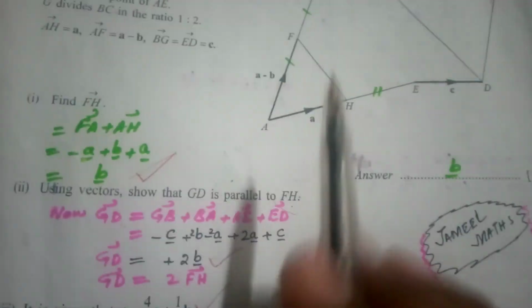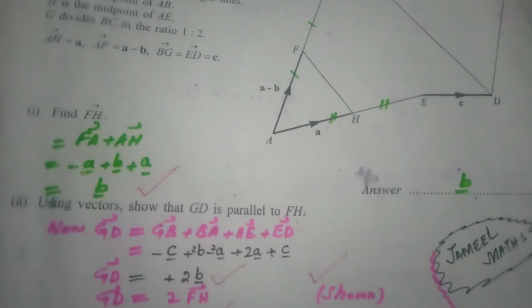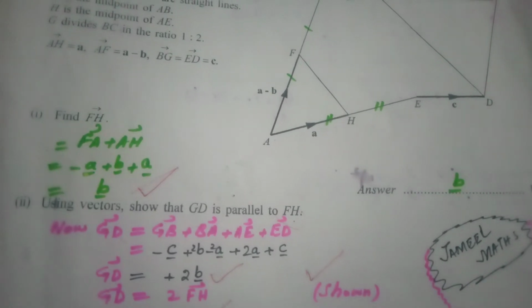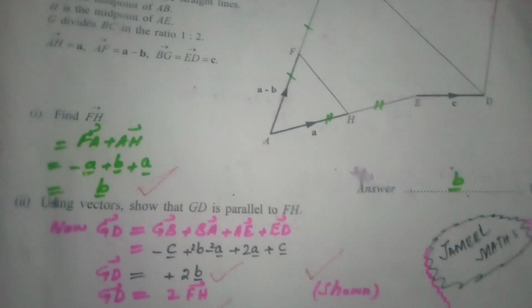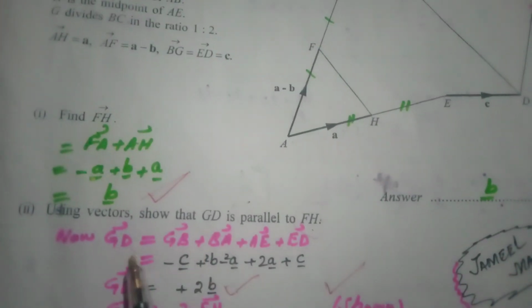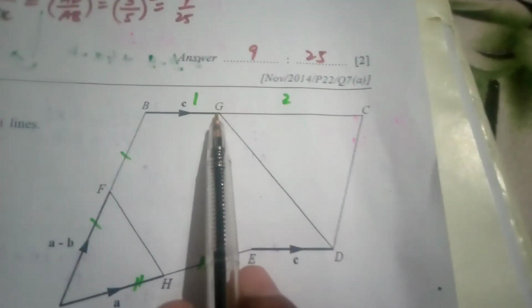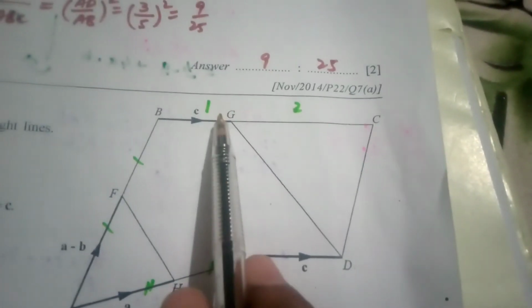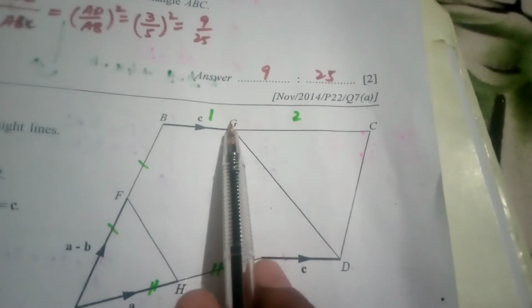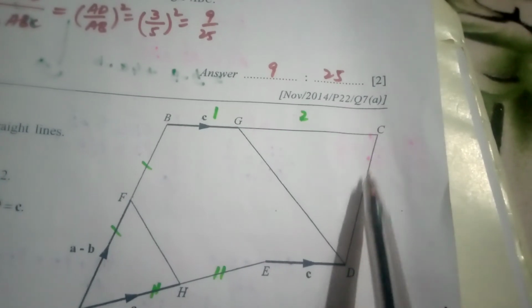This concept we have already used here, that two vectors can be parallel if they are written in the form of a ratio a is equal to mb. So we used here GD is equal to. Now remember that GD can be found by either method. GD we can find as GC plus CD, but CD is not given to you.